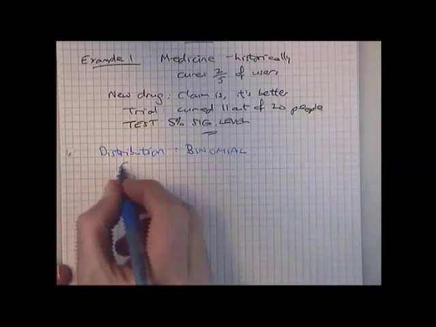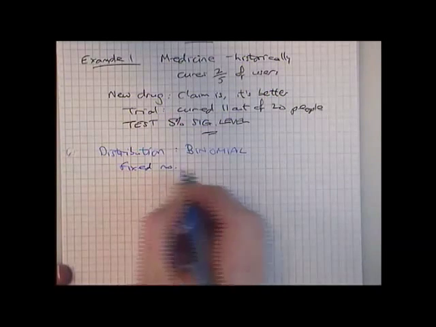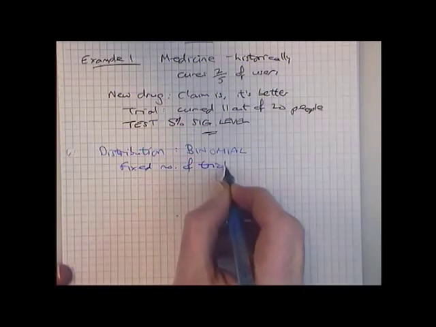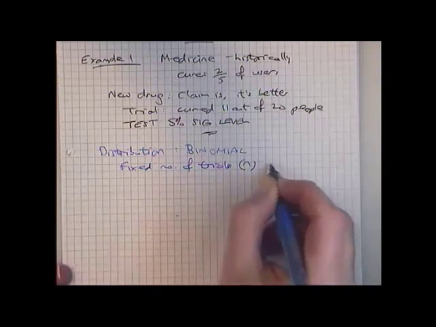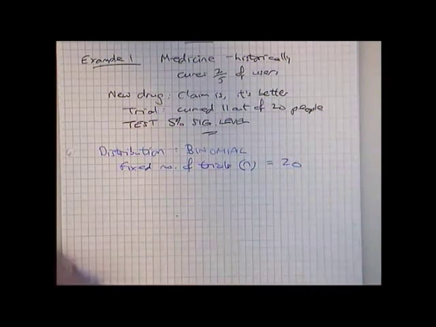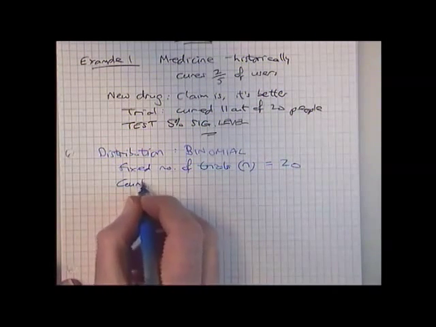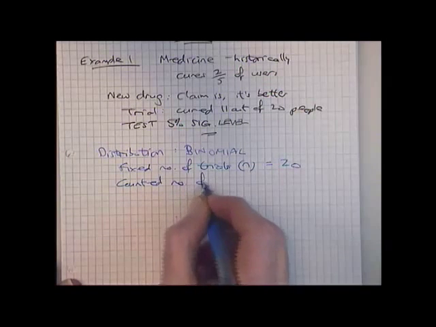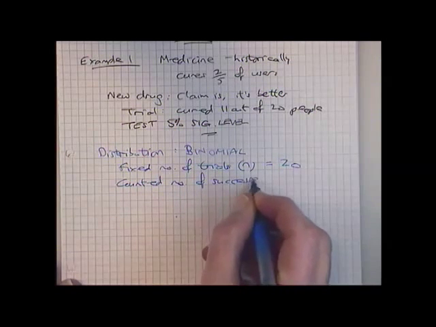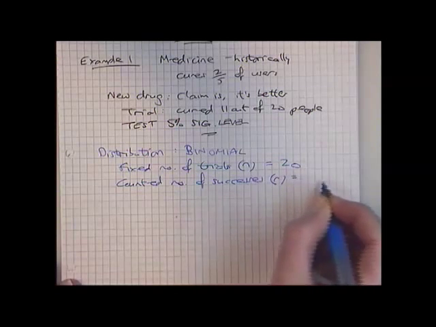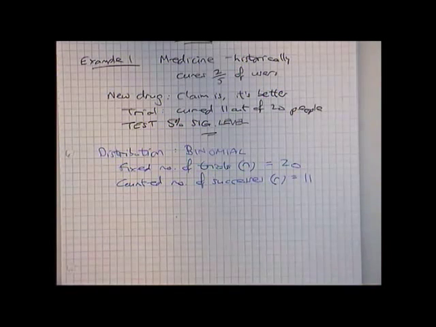Yeah, okay. First of all, we had a fixed number of trials, which in the binomial we call n, and that was 20. We tried it on 20 people. Then we counted the number of successes, which we usually call R, and that was found to be 11. What other parameter did we use in the binomial distribution other than n and R?